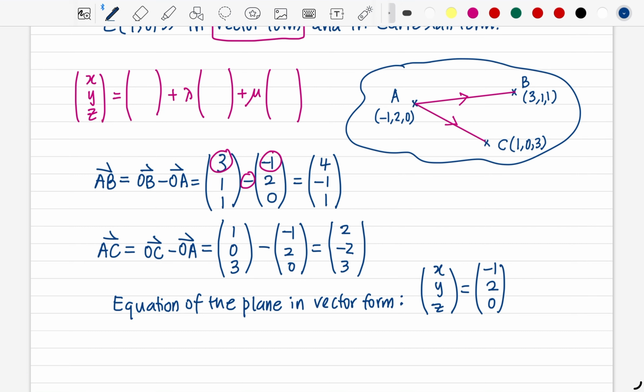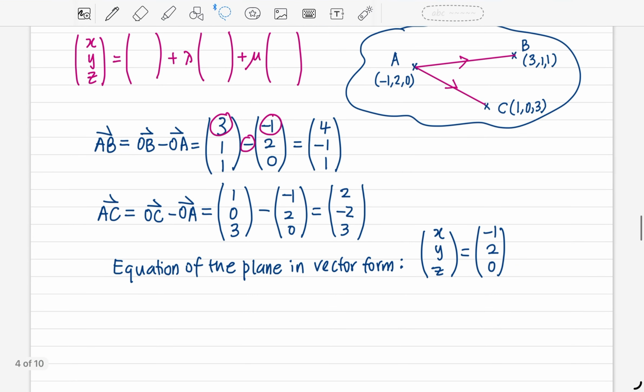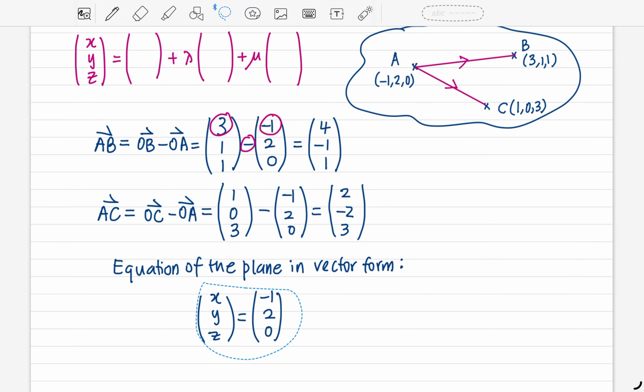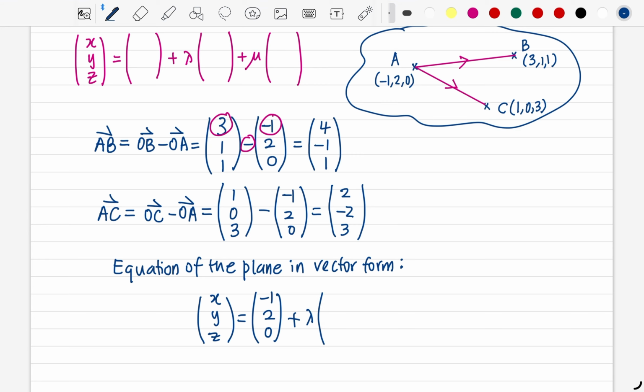The fixed point that I'm using here is point A, plus lambda followed by AB, (4, -1, 1), and mu of (2, -2, 3).